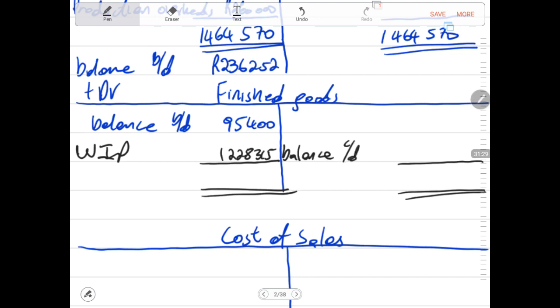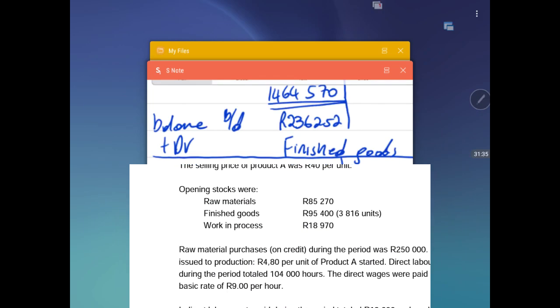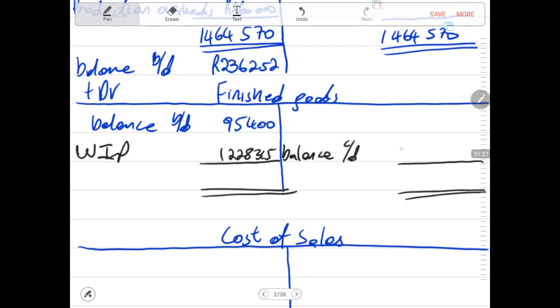And our balance carried down, which is the closing inventory value, is 133,885. Meaning the difference between what was available for sale and what is left at the end of the year will be the cost of goods that were sold.